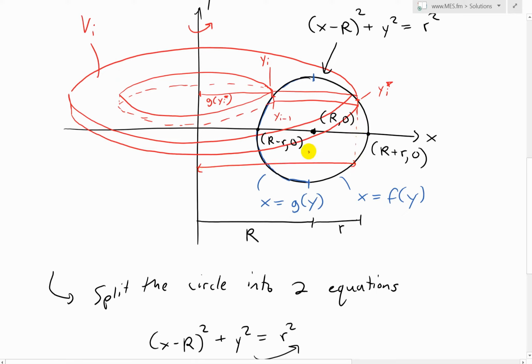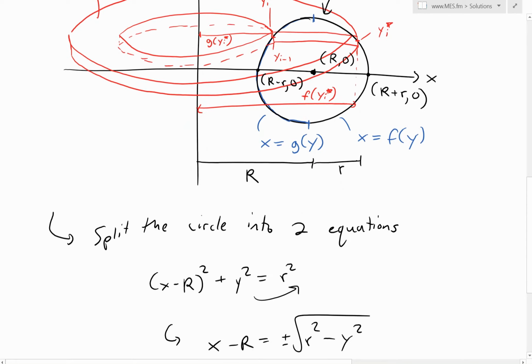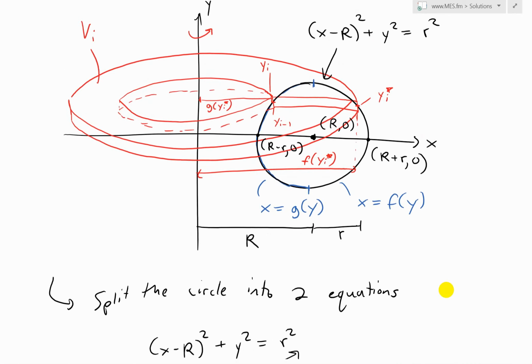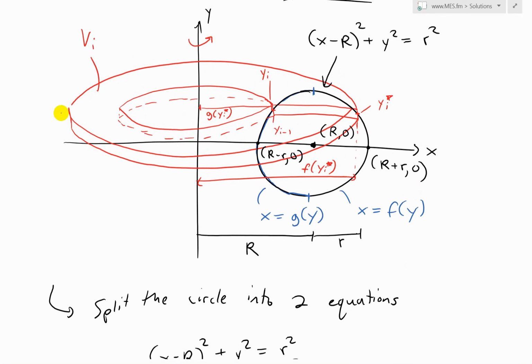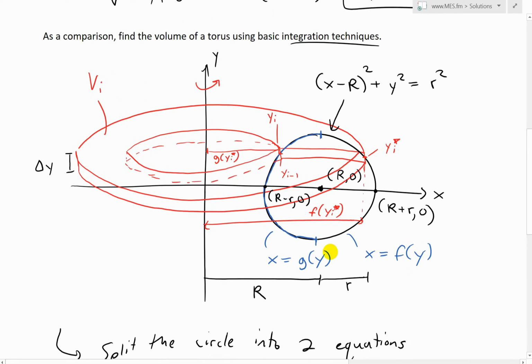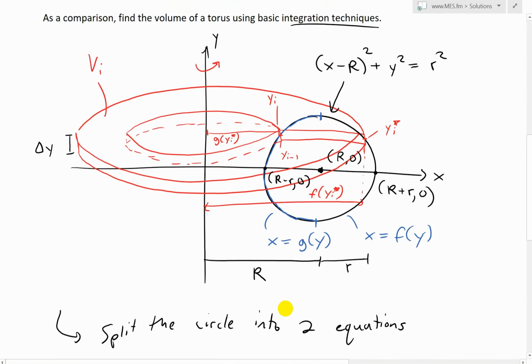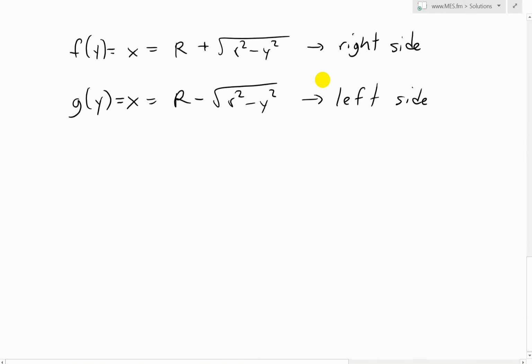This is going to be f of yi star, and we can use this in calculating the volume. To calculate the volume of this section, it has a delta y height like that. I'll explain further in a bit.